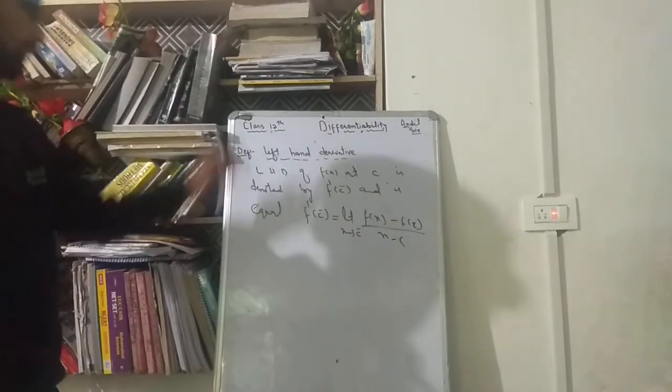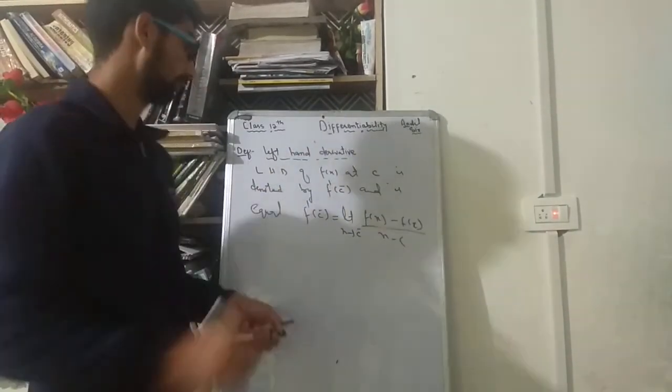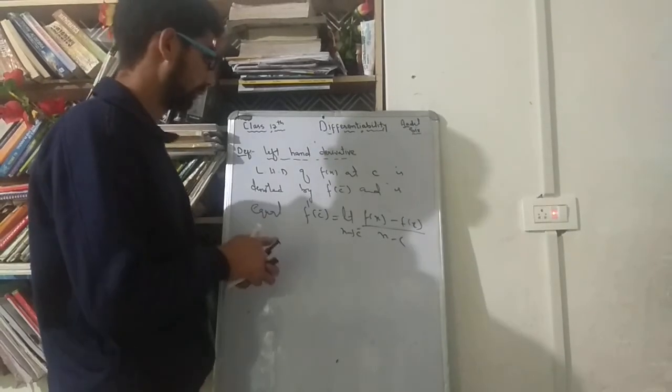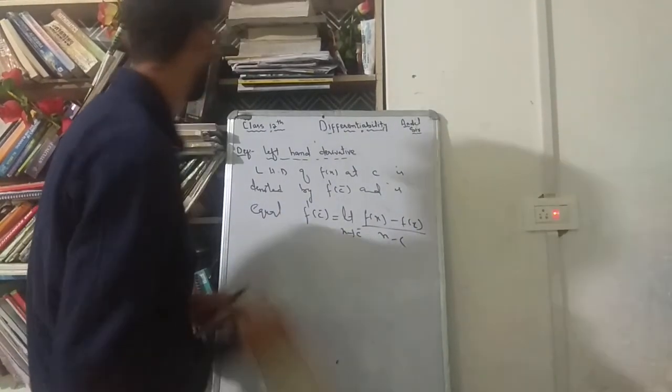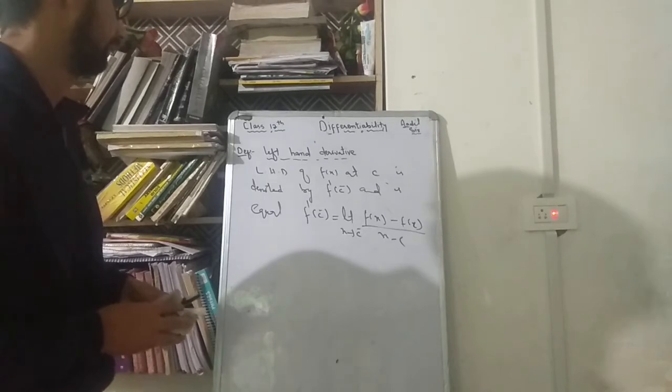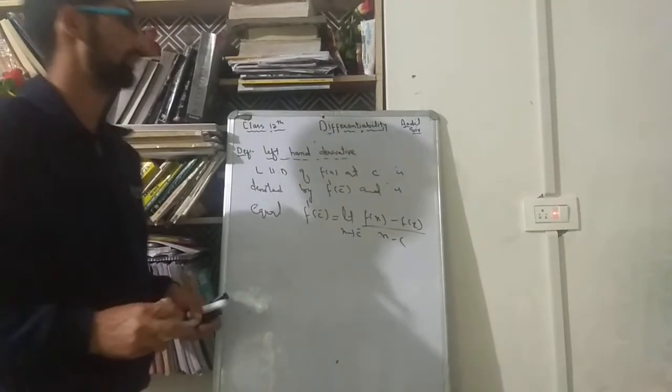Similarly, you have to define the right hand derivative. That's not hard. You write it by yourself. So this was all about the definitions of differentiability.